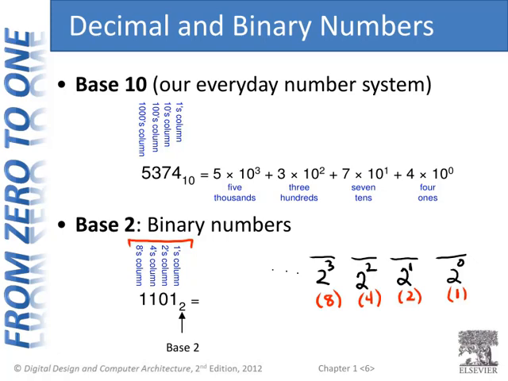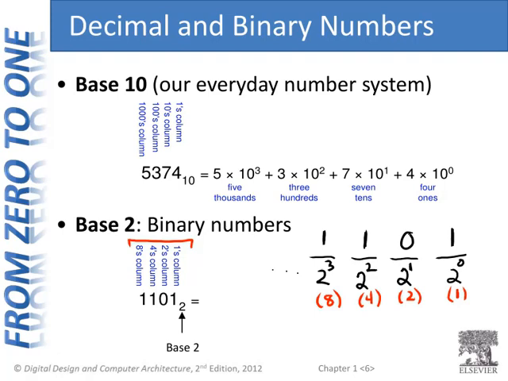And now with binary numbers, it's kind of easier because we just have 2 possible values, 1 or 0. So that column is either there or not. So in this case, the number we have to the left is 1101 in base 2 or binary representation.